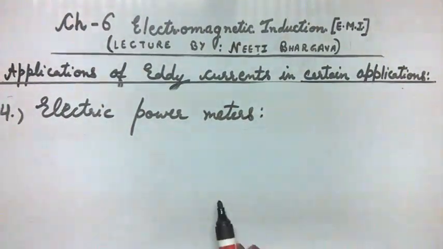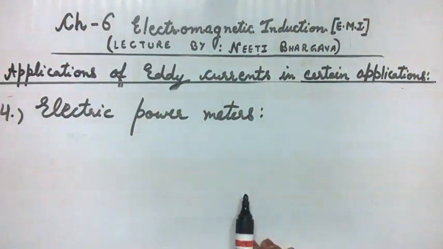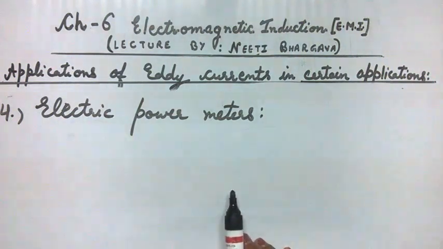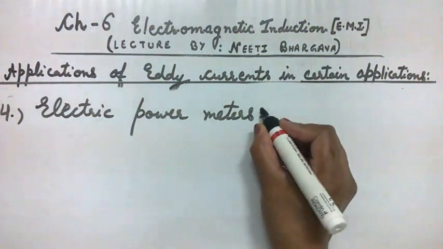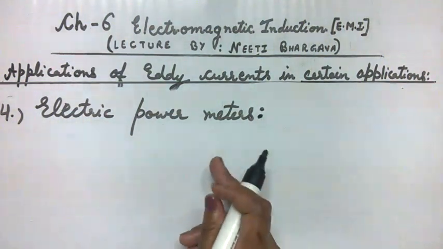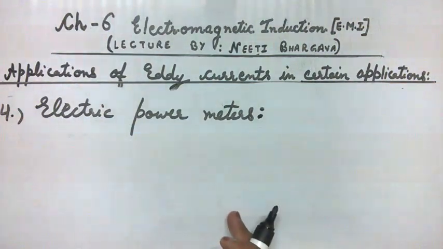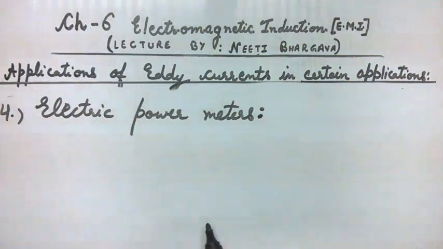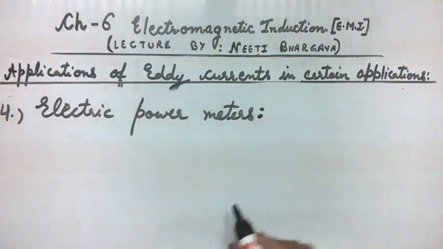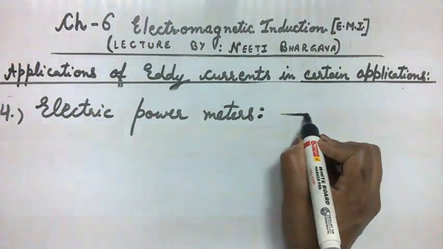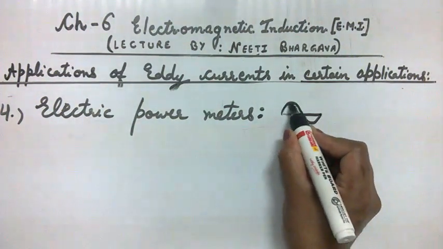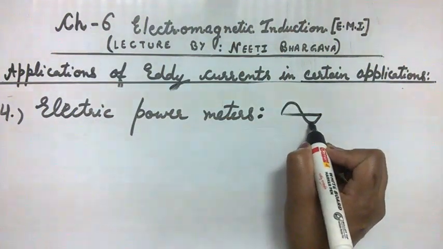We know that electric power meters are used to measure electricity in homes and offices, etc. And electric power meters measure electricity supplied in AC, that is, in alternating current form. Because of this alternating current, the current passing through the coil produces a time varying magnetic field. Because of this time varying magnetic field, there is a change in magnetic flux.